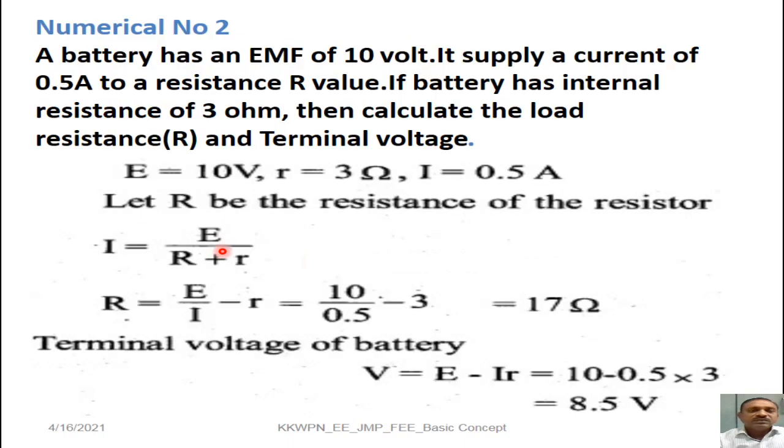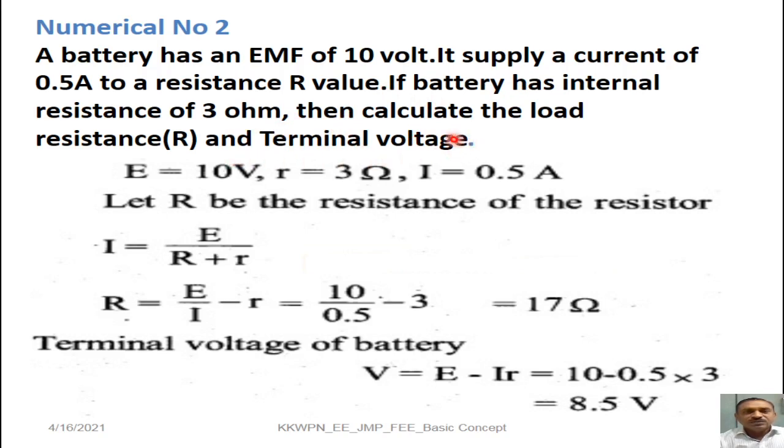Now let us see one more numerical, which has the statement: a battery has an EMF of 10 volt. It supplies a current of 0.5 ampere to a resistance of value R. If the battery has an internal resistance of 3 ohm, then calculate the load resistance and terminal voltage.